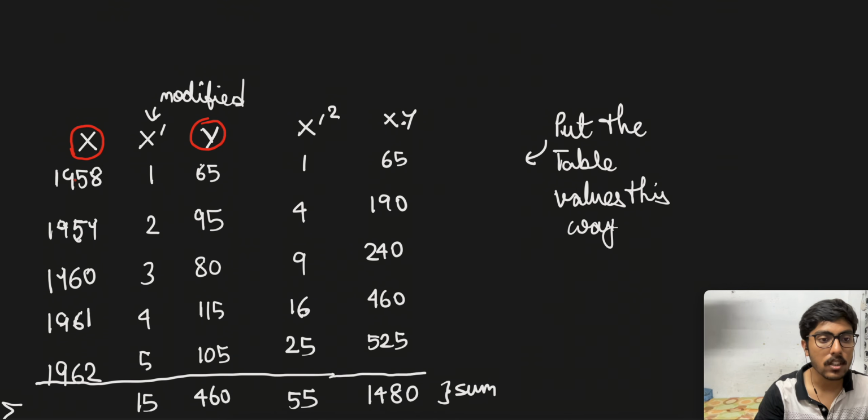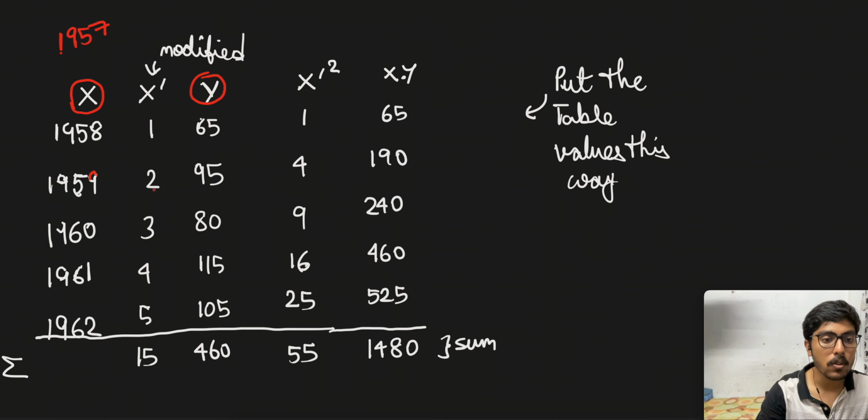I have just subtracted 1957 from all of these years. So 1958 minus 1957 is 1. Similarly we will do it for all the years, and the y value, that is the output variable, remains the same.